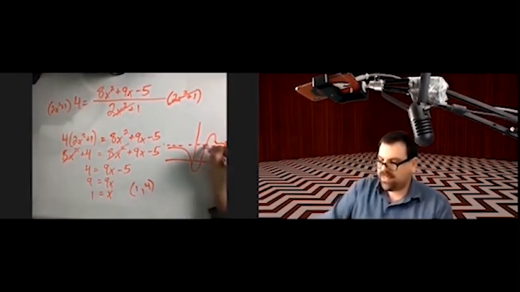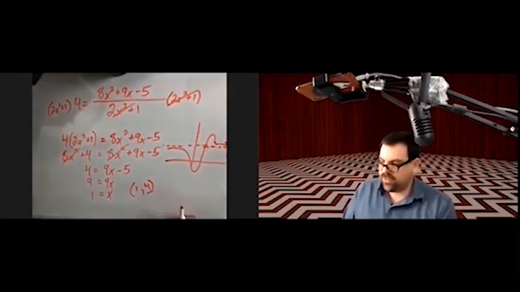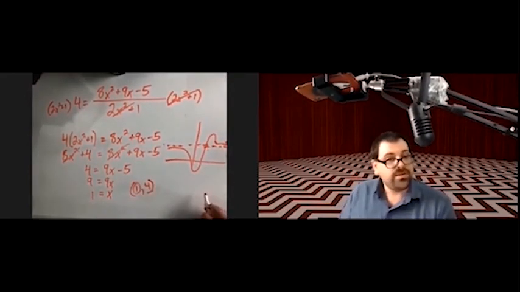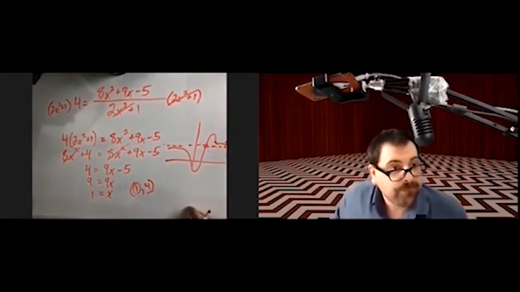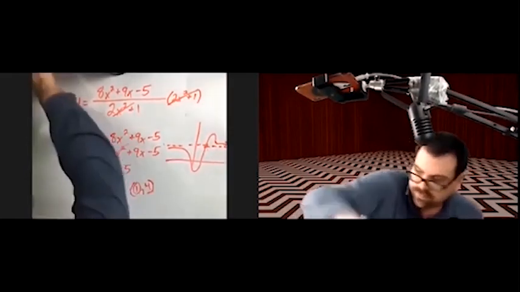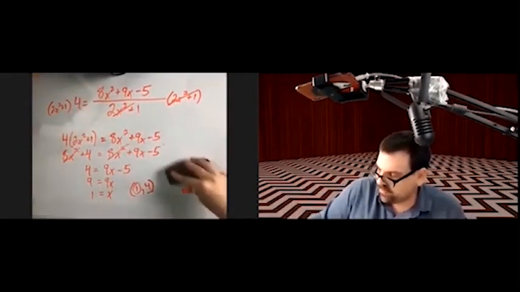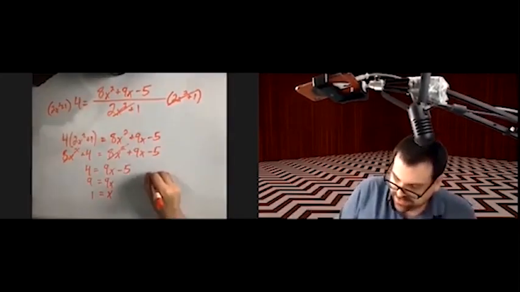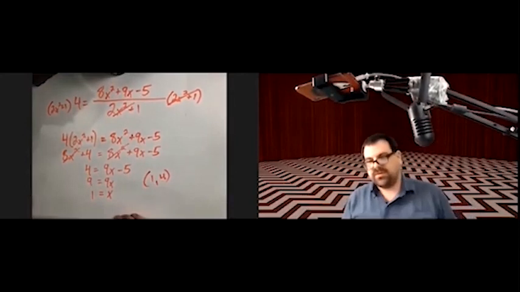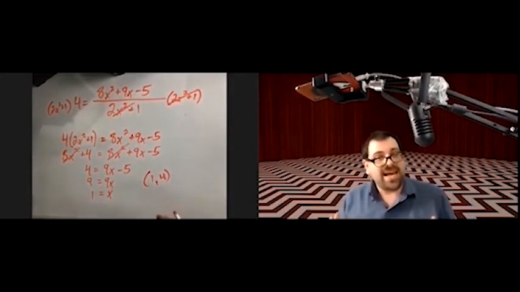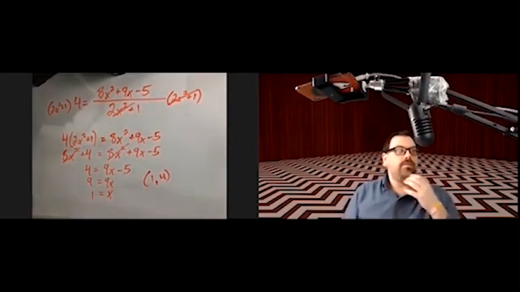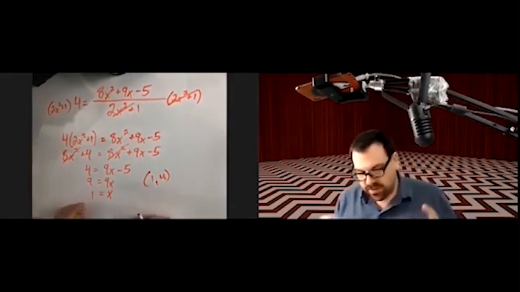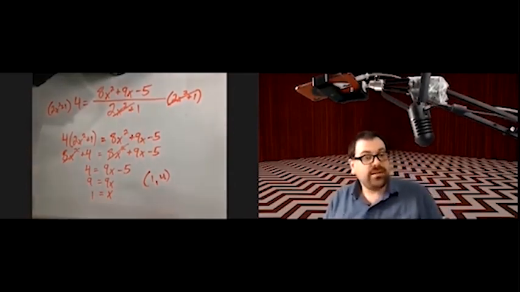See, it'll cross it at y equals 4, and we just solved to find that that x value would be 1. So the point 1, 4. Okay. Graphing right now, not important. Being able to find that point, though, that is important. Find the horizontal asymptote, and if it asks you, hey, what point does it cross that? Set it equal to the number, solve to get the x value.